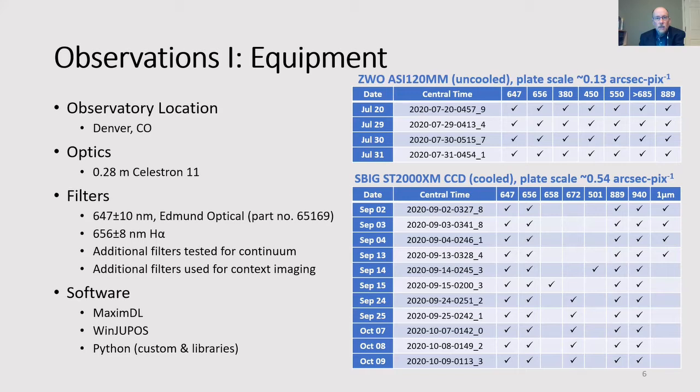I used a CMOS camera in a lucky imaging mode at a long focal length that was basically non-quantitative. It's an uncooled camera. And those are those first observations in July that you see in the top table. And then the second set of observations are using a CCD at a larger plate scale, so less detail. And that's a series of 11 observations in September and October.